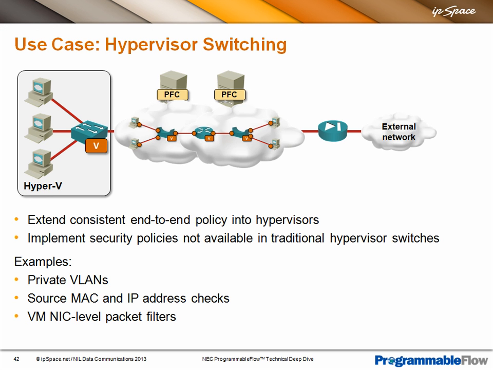Then there's a question whether ProgrammableFlow supports NetFlow or sFlow for monitoring purposes. Yeah, any switches which support sFlow can be pushed to the management, but also along with it, it supports the OpenFlow-based monitoring on packet counts and flow-based traffic monitoring.